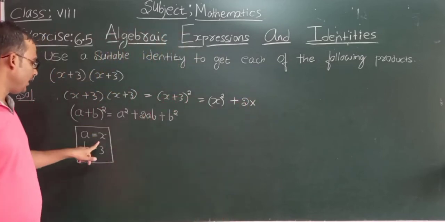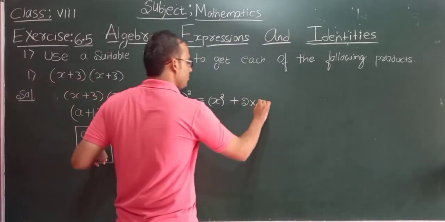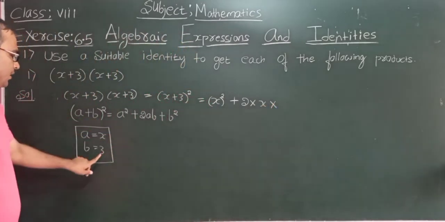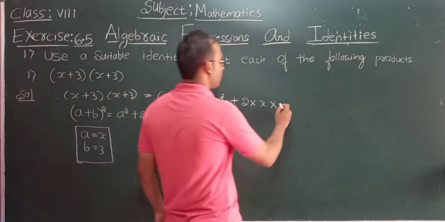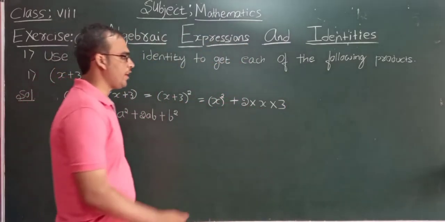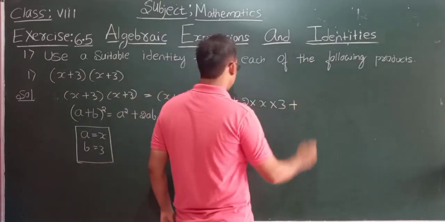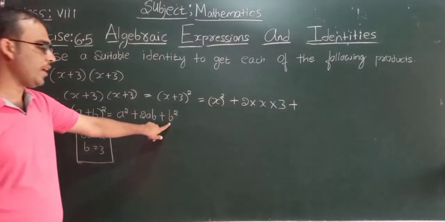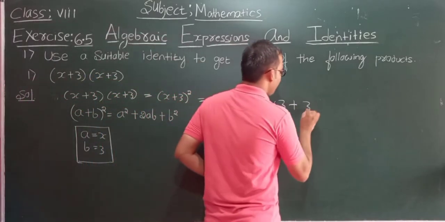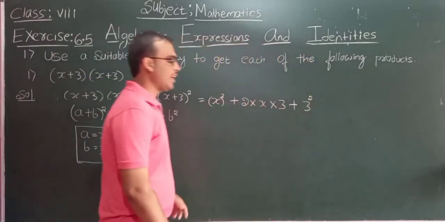What is a? x. And b, what is b? 3. Next plus b square is there. What is b? 3. If b is 3 we will write 3 square.